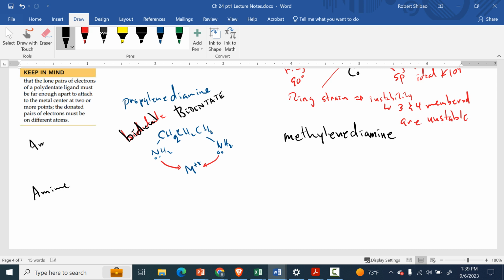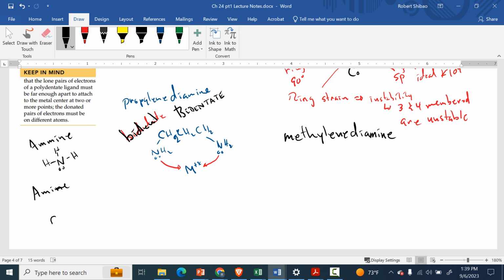Ammonia is spelled with two M's. This makes an excellent ligand here. We have that. And so this is amine. Ammonia is a ligand. But we have amines that are with one M that are ammonia-like derivatives.